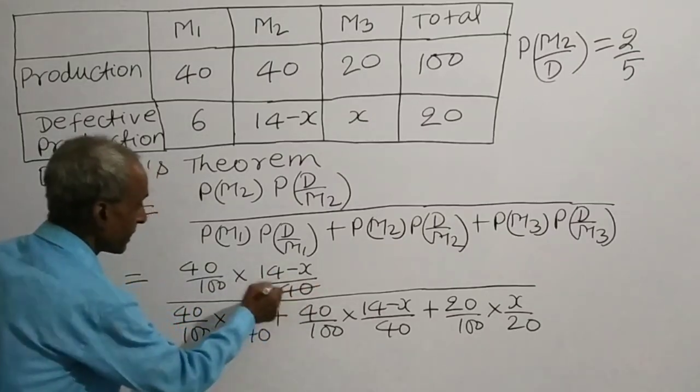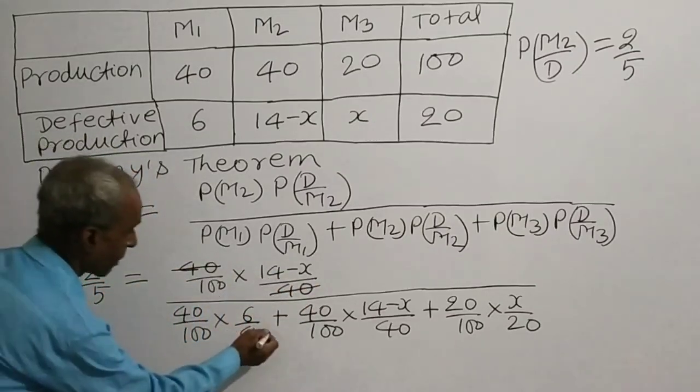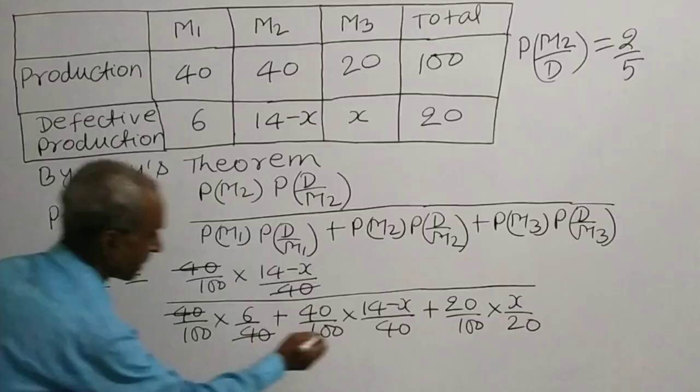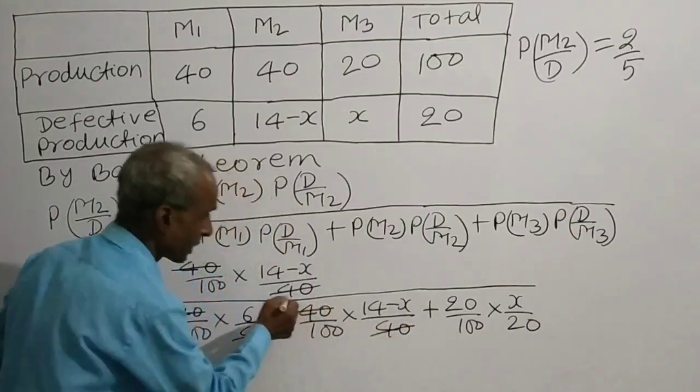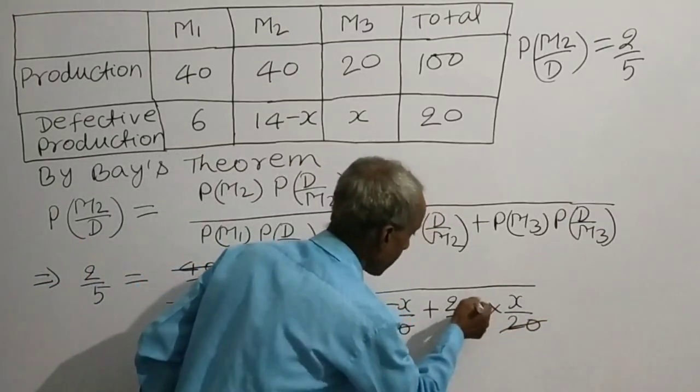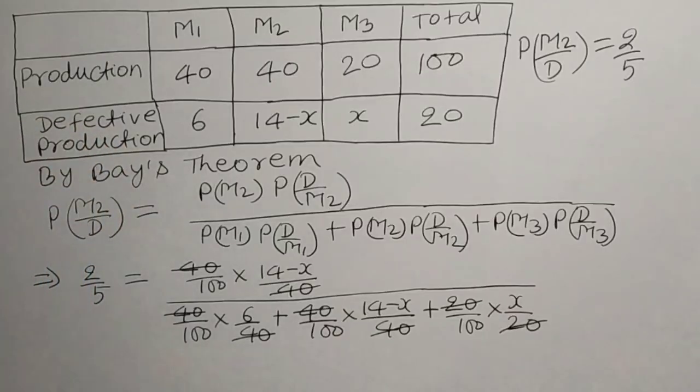This 40 will be cancelled out. This and this will be cancelled out. This 40, this 20, this 20 will be cancelled out.